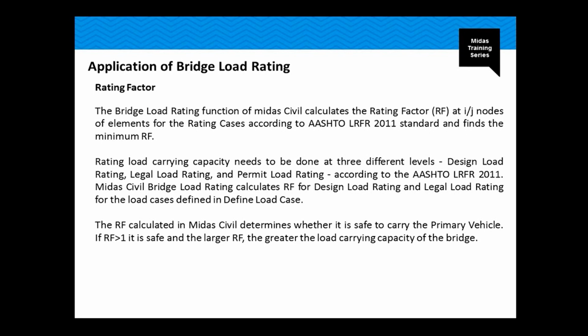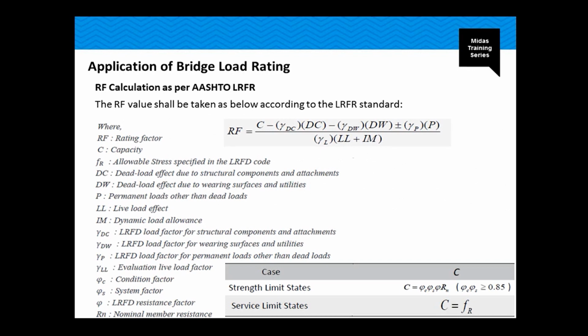Then the rating factor is calculated to determine whether it's safe to carry the primary vehicle. If the rating factor is higher than 1, it is okay to carry that vehicle. This is how the program calculates the rating factor.